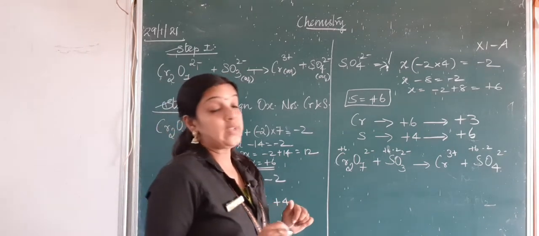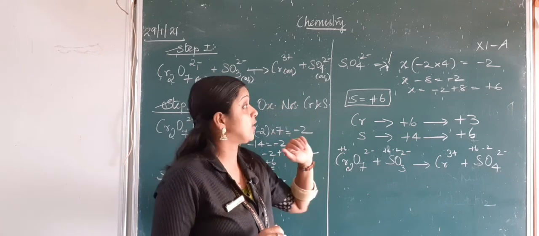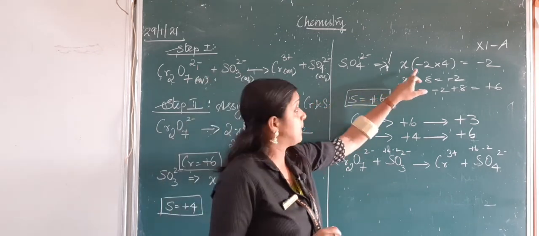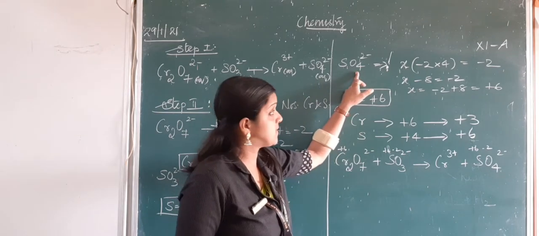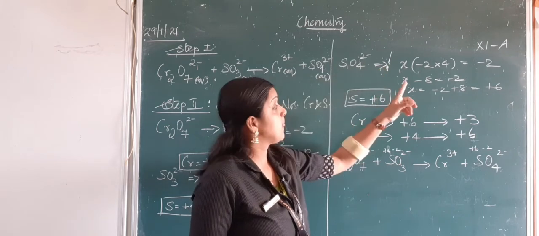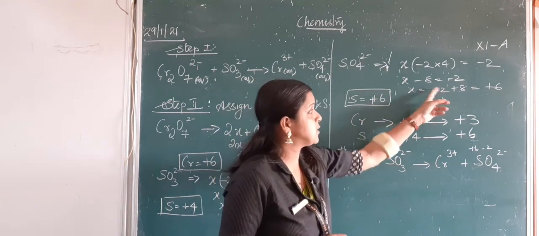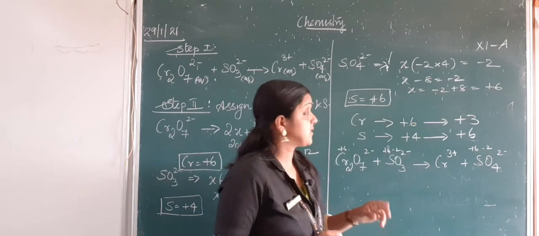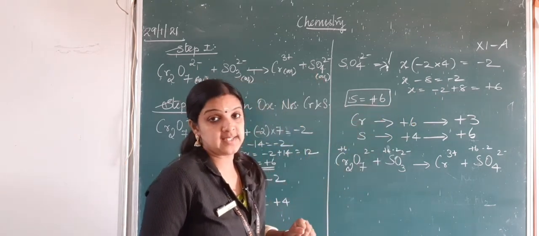Then next we need to calculate the oxidation state of sulfur in sulfate ion. x minus 2 into 4, because there are 4 oxygen atoms, equal to -2, which is the whole charge. So x minus 8 equal to -2, x equal to +6. So the oxidation state of sulfur in sulfate ion is +6.